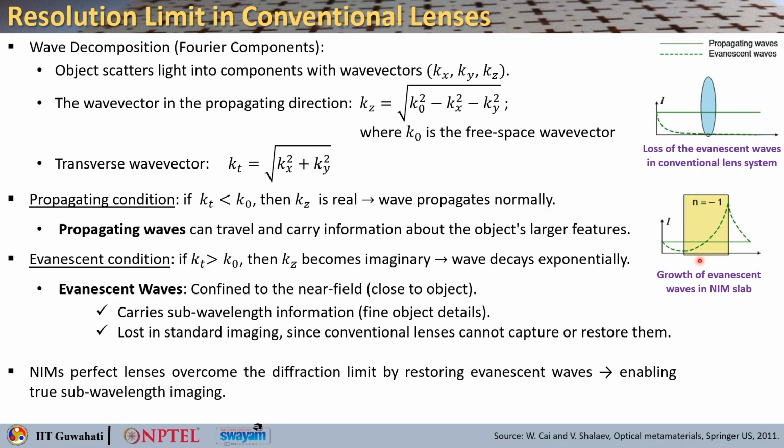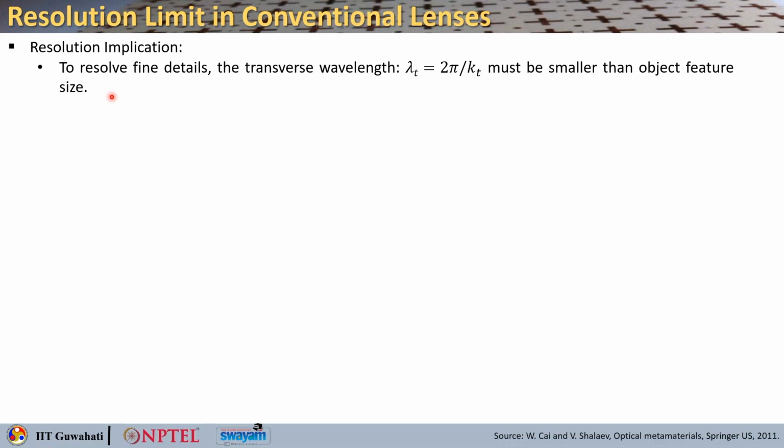In conventional lenses, just remember that they lose these fine details due to diffraction, and that is mainly because the evanescent waves are not allowed to propagate or be restored. So, to resolve the fine details or to have very good resolution, we understood that the transverse wavelength, lambda t, should be equal to 2 pi by kt.